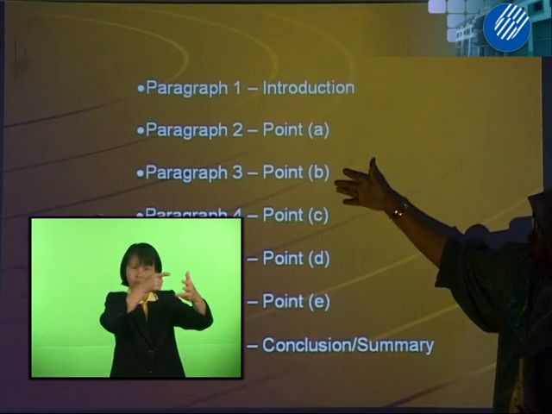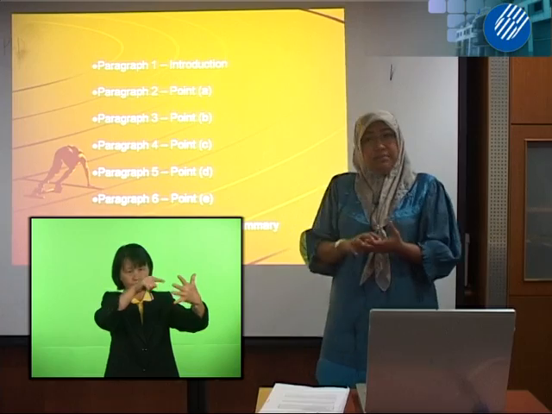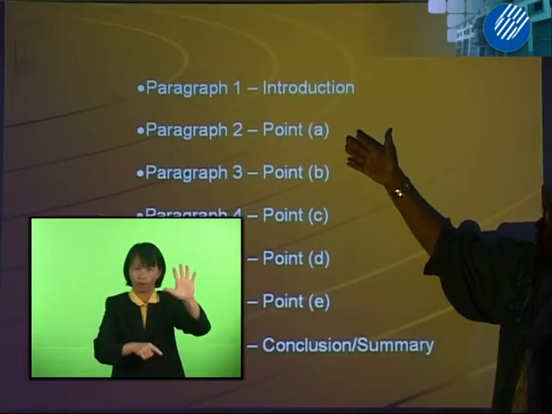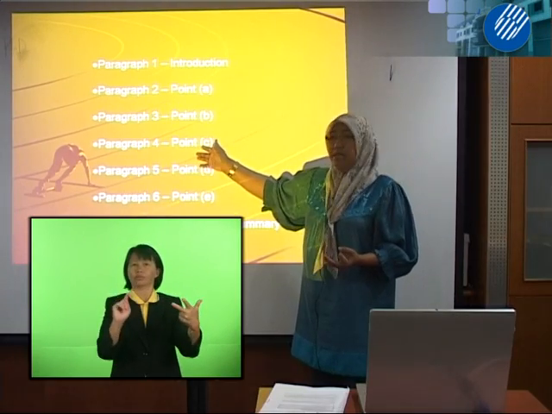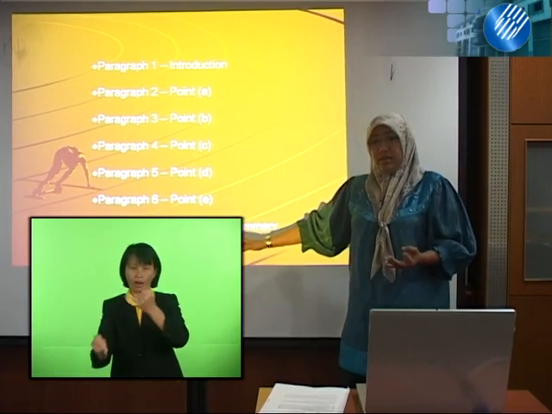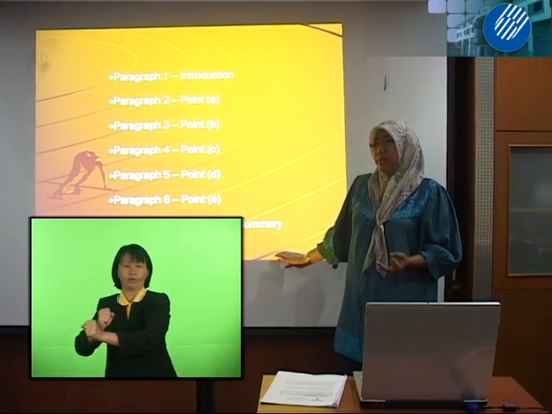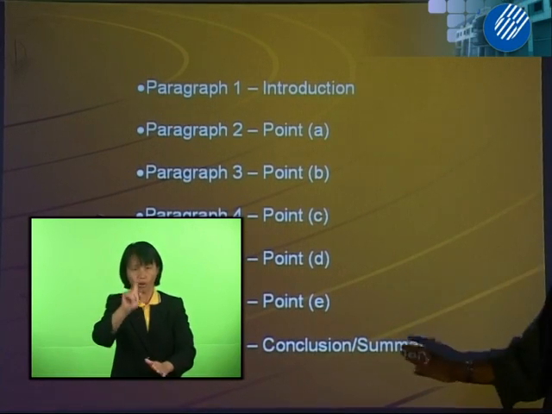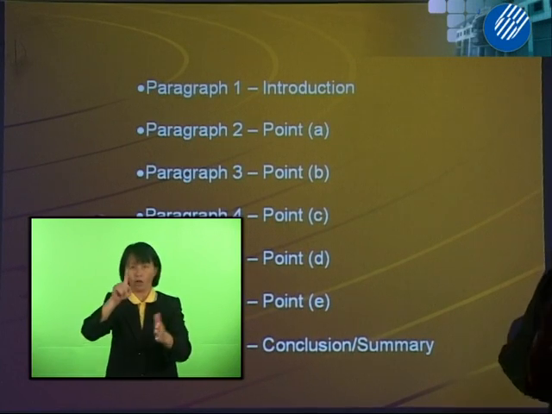Okay, so here I've given you 5 points, but the maximum is 5 points and the minimum is only 3 points. And then last but not least, the last paragraph is the conclusion or the summary. So remember students, you must have this outline before you actually write down the essay.